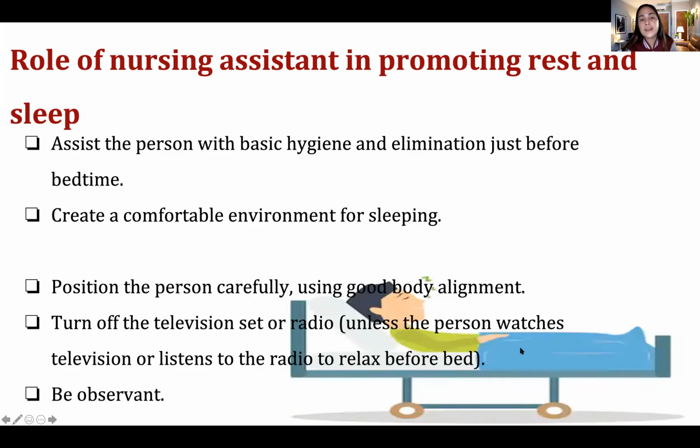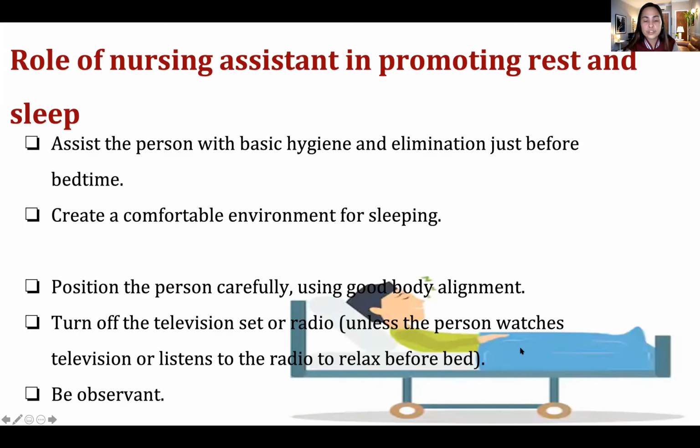Assist the person with basic hygiene and elimination just before bedtime, so he or she will not be disturbed if there is a call of nature. Create a comfortable environment for sleeping. Make sure that the bed is properly tight, the bed is without wrinkles, so the patient is comfortable.